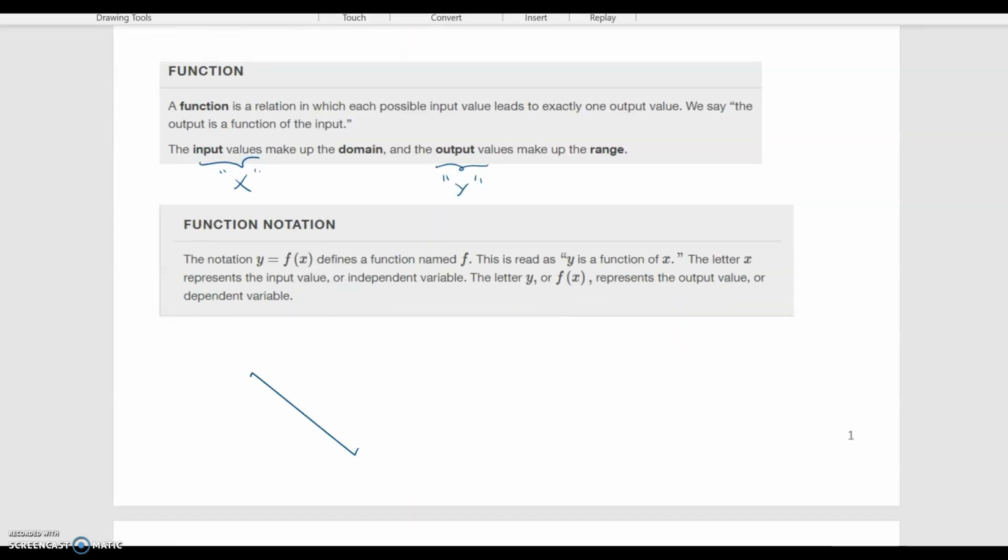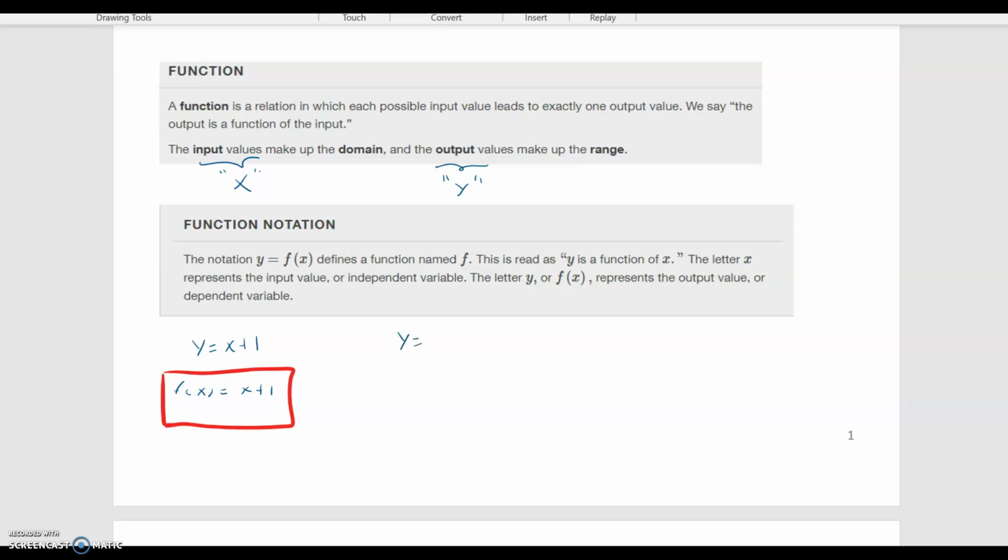So if before we had y is equal to x plus 1, here we would basically say the function f of x is equal to x plus 1, since this is just a linear function that will pass the vertical line test.